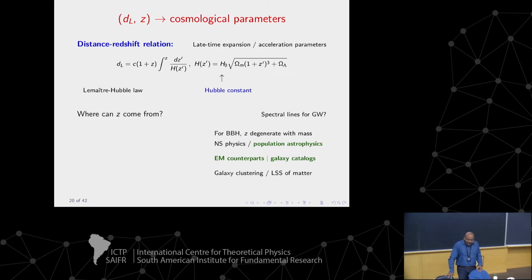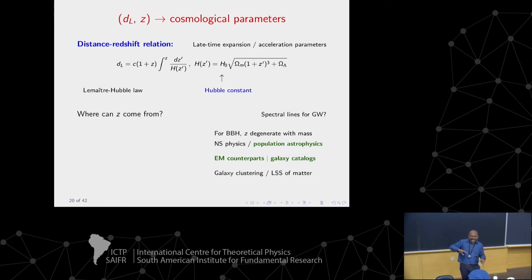Furthermore, galaxy clustering, or large-scale structuring of matter, sets some kind of a scale. If one observes a large-scale structure in a certain redshift shell, it is different from the large-scale structure at a different redshift shell.